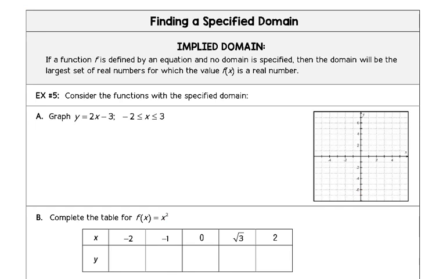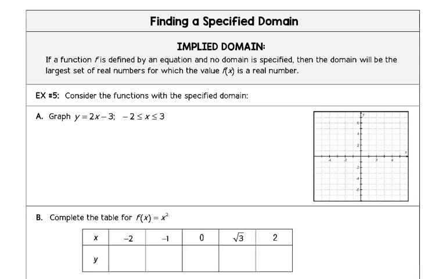So now what happens if I have a function, but I'm not told what the domain is, right? The domain is implied. So we're going to look at implied domain. All right, so if a function f is defined by an equation and no domain is specified, like I just said, you're not told what the domain is, we can assume it's implied that it's the largest set of real numbers for which the value of f of x is a real number.